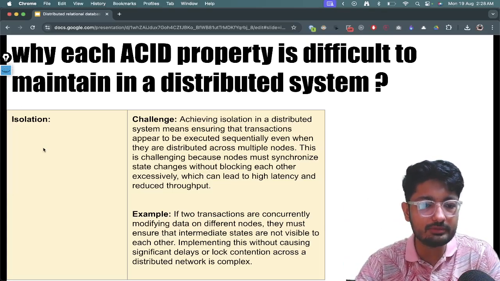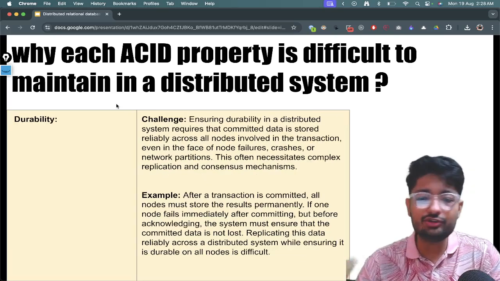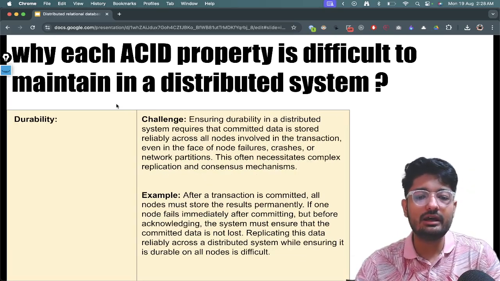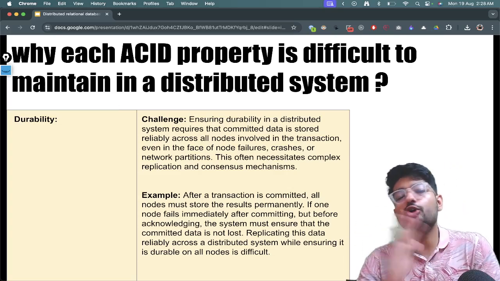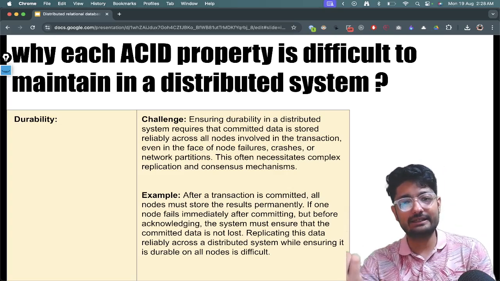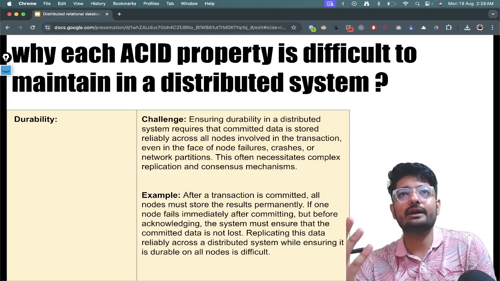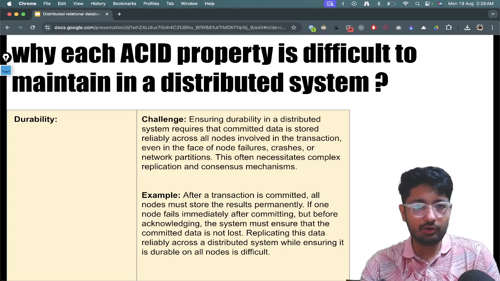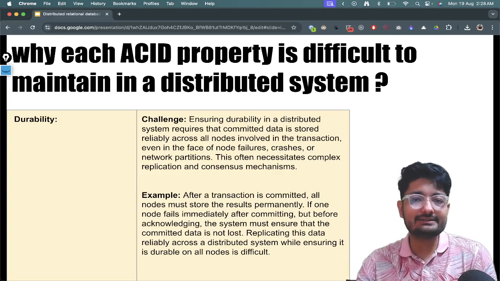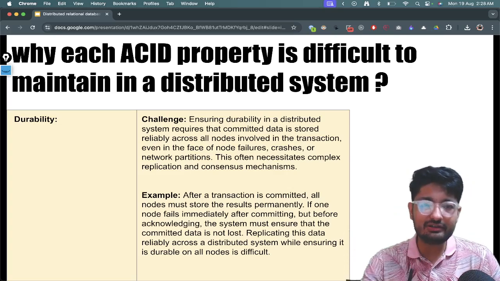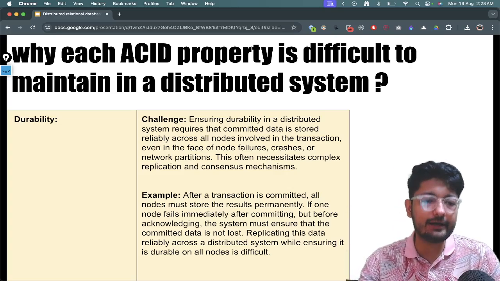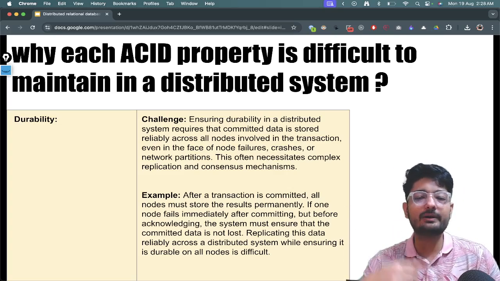And the last problem, as you can see, is durability. Ensuring durability in a distributed system requires that the committed data is stored reliably across all the nodes. All the nodes have the same data. But again, if some server goes down while committing, while the others are up, there is an inconsistency. One server shows different data, another server shows different data, and the data is not durable in one of the servers.